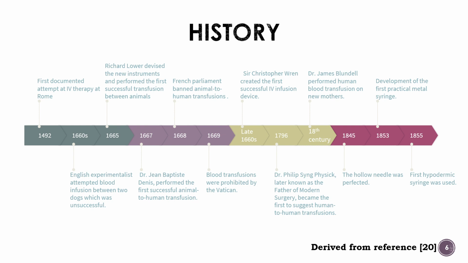In the mid 1800s, we saw the development of needles and syringes. In 1845, the hollow needle was perfected, followed in 1853 by the development of the first practical metal syringe, and the first hypodermic syringe was used in 1855.